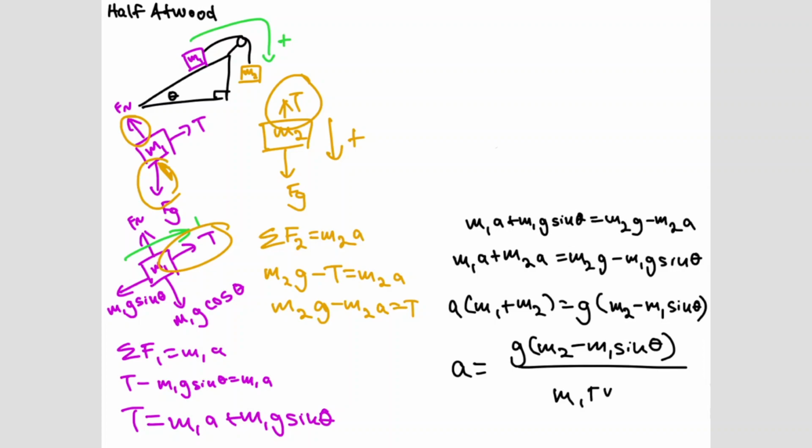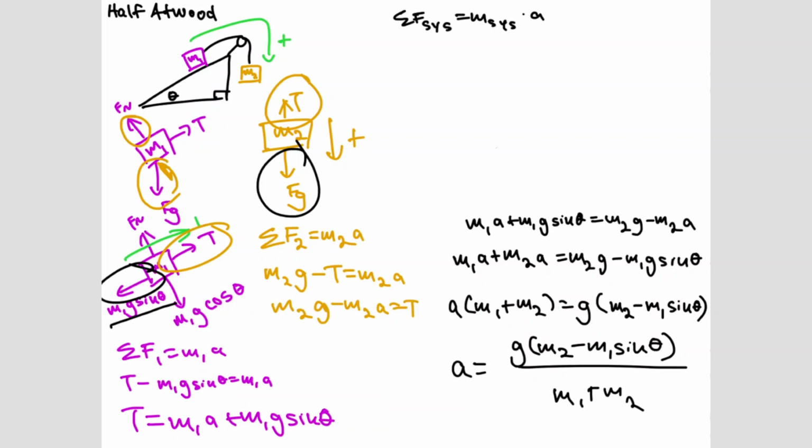M1 plus m2. And again, just like all of the other Atwood machines, I can look at this from the perspective of the whole system. So the sum of the forces on the system is equal to the mass of the system times the acceleration. I didn't write an equal sign this time. Just like all the other ones, the tensions cancel out, so the only forces are this component of gravity over here and this gravity.